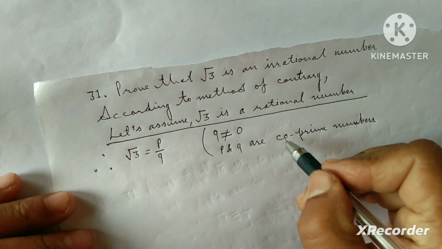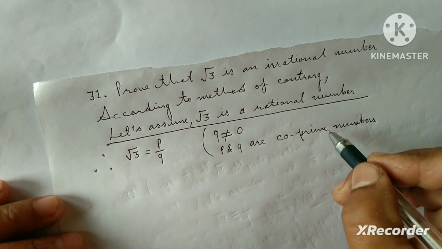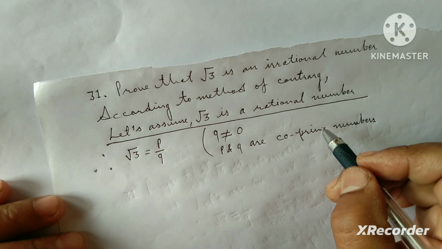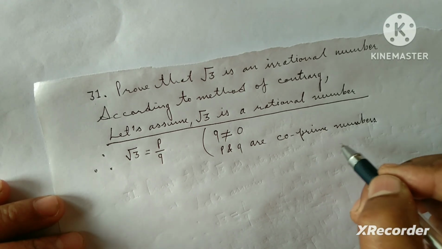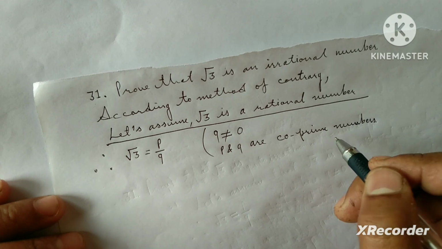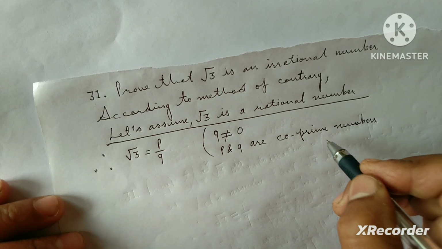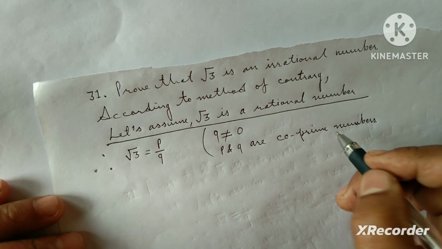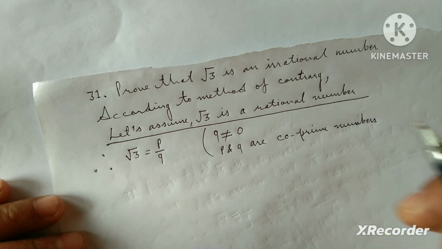Students, co-prime numbers are such pair of numbers which have only one common factor, that is 1, and factor means simply that number which divides another number or expression exactly, and there will be no remainder, right?